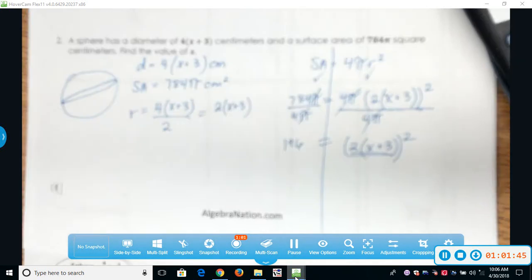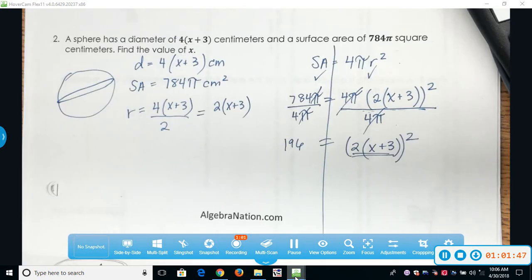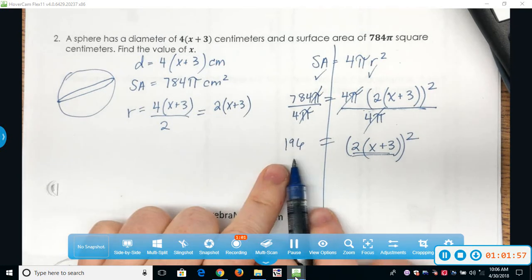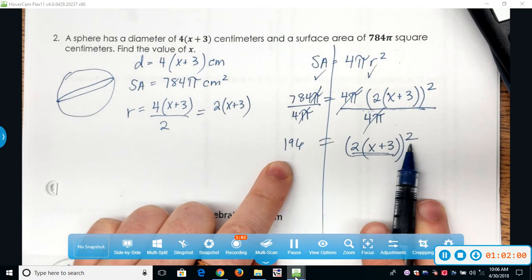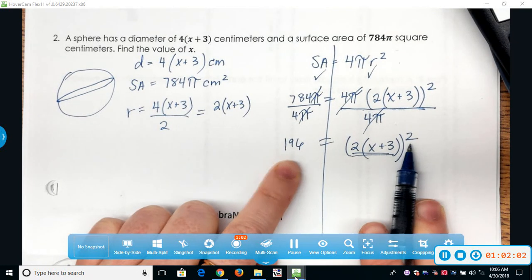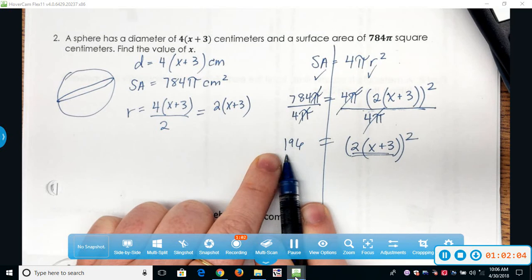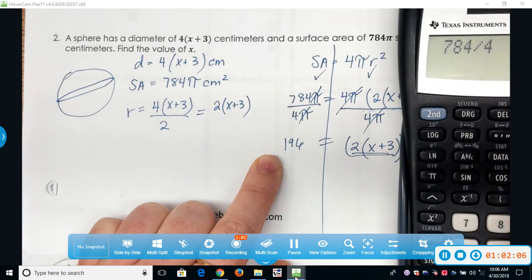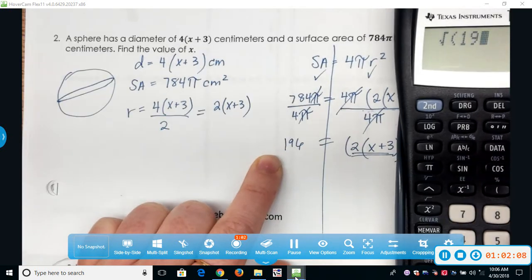Okay, see how the algebra looks pretty ugly here? It looks pretty ugly. So if you get something like this on the FSA, here's what I want you to do. See how this is to the second power? Let's see if this is a perfect square. So I'm going to take the square root of 196.